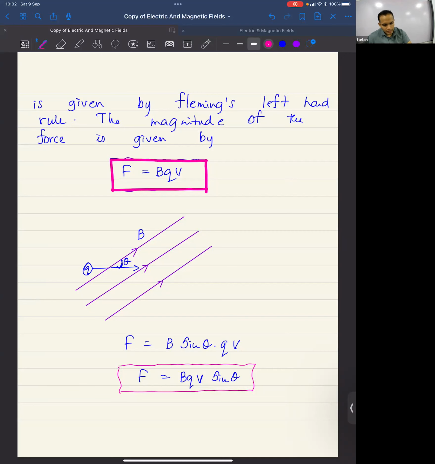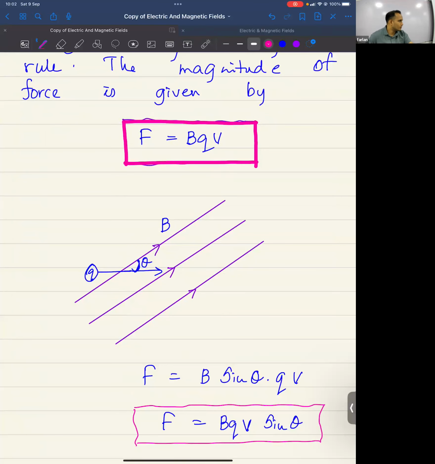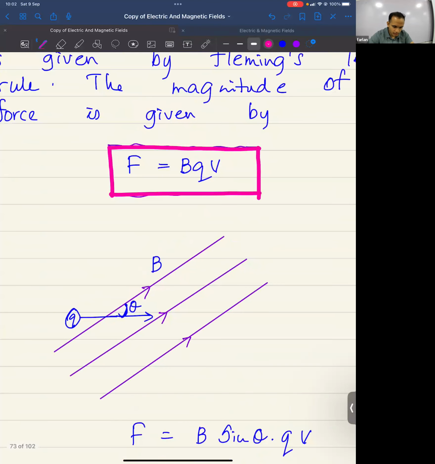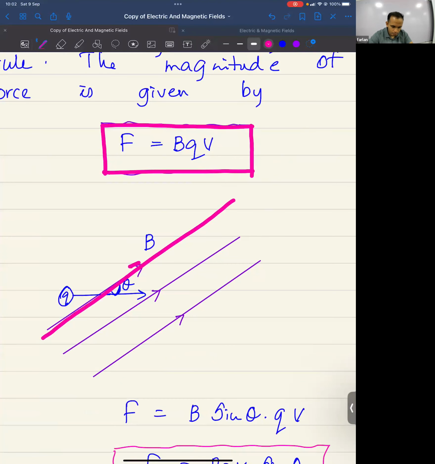Now, if the particle enters not perpendicular to the magnetic field, and if it is entering at an angle theta, now let's say the magnetic field is this way, B, and the positively charged particle enters this way at an angle theta, then you have to consider the perpendicular component of the magnetic field once again, which is B sine theta.